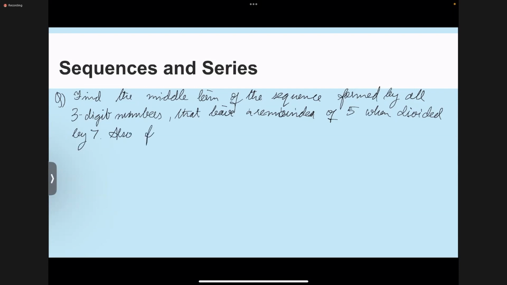the sum of all terms on either side of the middle term separately.